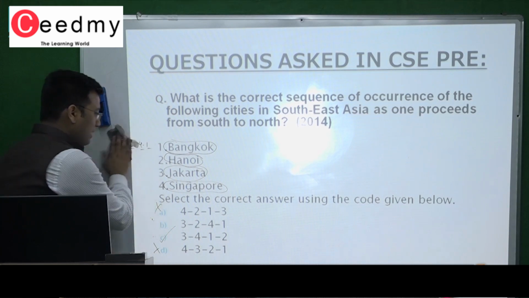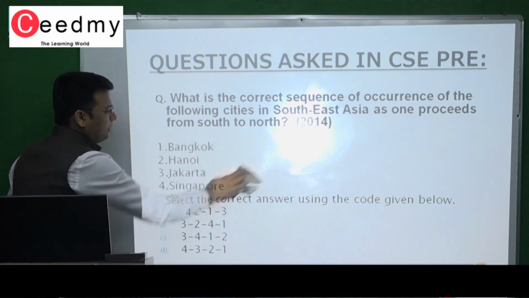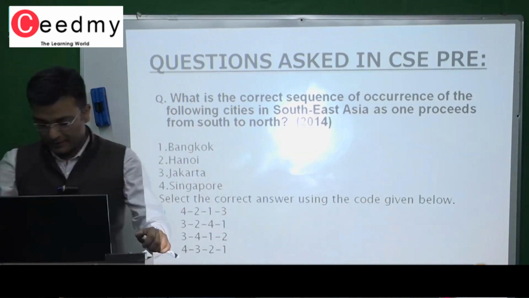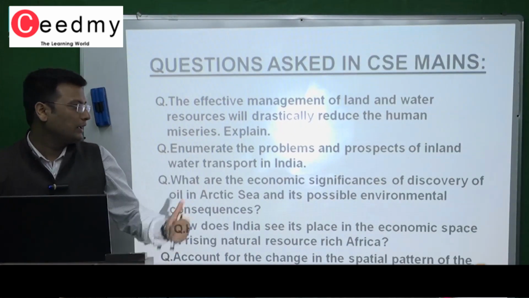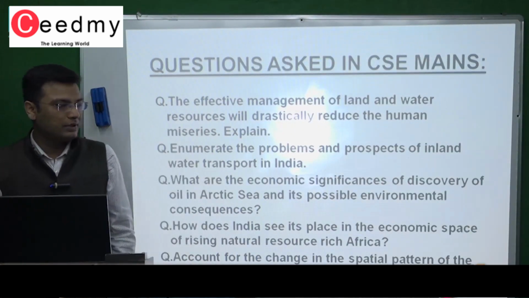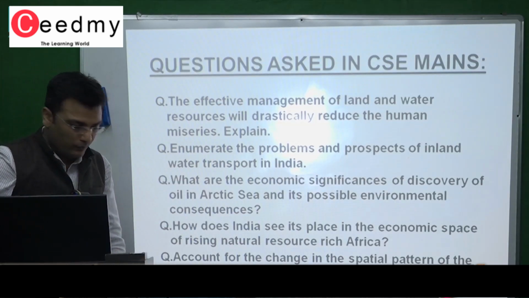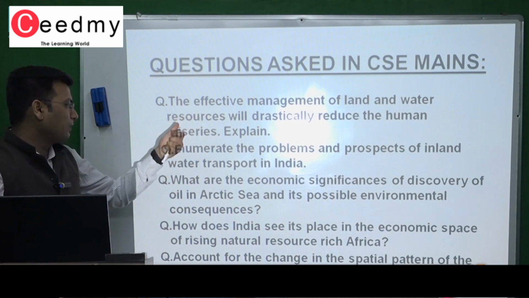First of all, you must know the mapping, and these are very straightforward and easy questions if you know the mapping. The condition is if you know the mapping. These are the sample questions which were given in civil services in different years. In civil services mains paper 1 and paper 3, they asked about land and water resources.